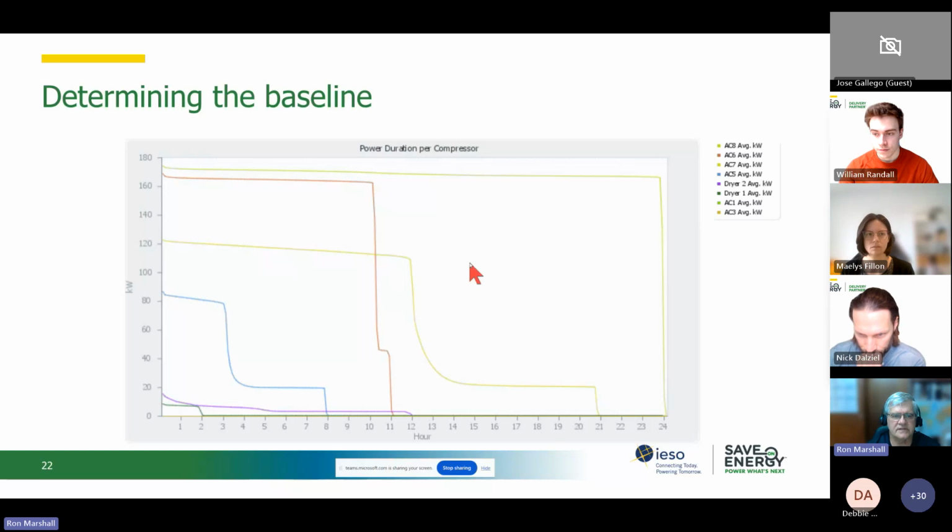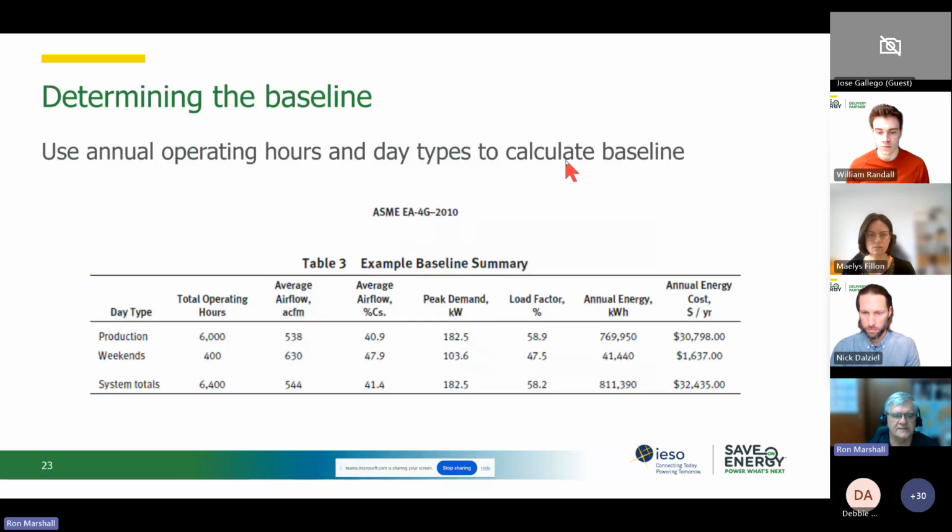So we can use these duty cycles to calculate if these days are average. We can calculate the flow from this, the kilowatts, all kinds of good things. We might identify some similar days from that previous chart and say, okay, all those days, Monday to Friday, are production days, an estimated 6,000 hours in a year at various CFM and kilowatt.